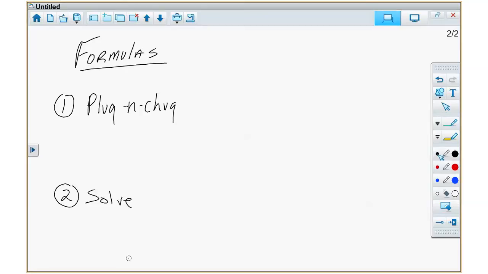Here's the plug and chug. If the area of a triangle is equal to 1/2 base times the height, B is equal to 4 and H is equal to 8. So what do you do with B and H? What do you do with 4 and 8? Plug them in.